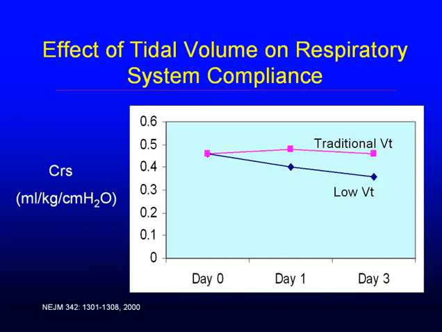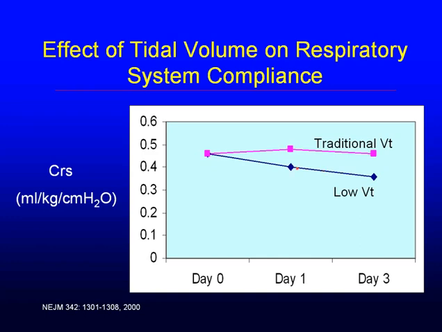Also, we observed that the compliance of the respiratory system was lower in patients that received the lower tidal volume approach. Here are baseline respiratory system compliances prior to randomization, values taken during the last 4 hours prior to the initial ventilator changes.